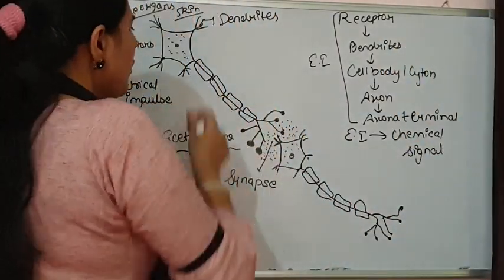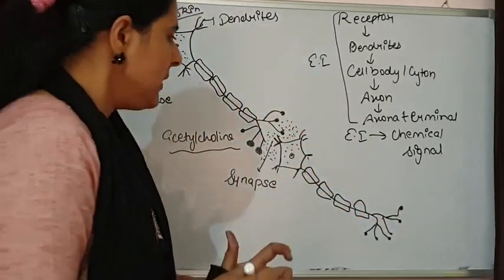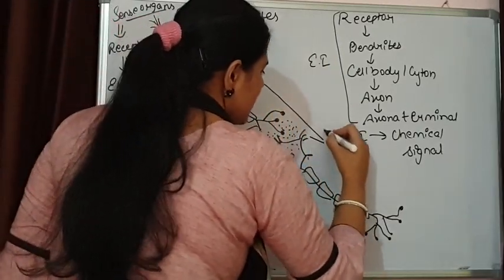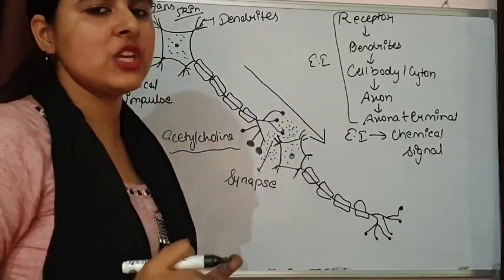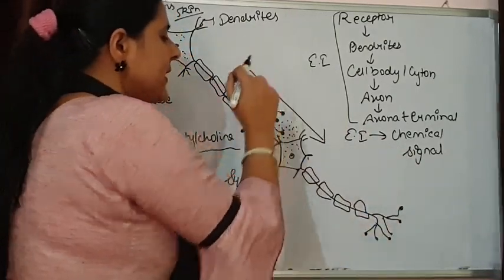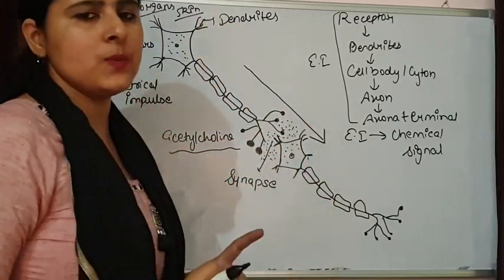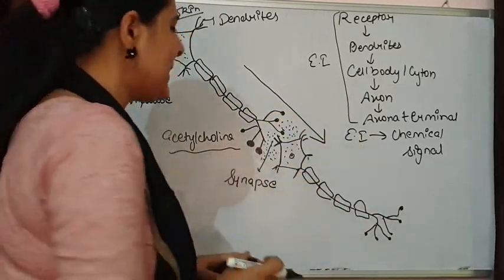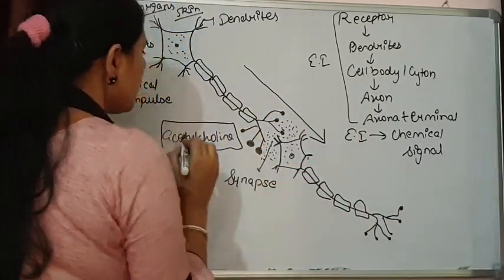Now this message moves in only one pathway. It means if this is a sensory neuron, it transfers the message in this direction. In the reverse direction the message cannot be transmitted. The reason is that the movement of the electrical impulse or signal always takes place in the direction of secretion of acetylcholine.